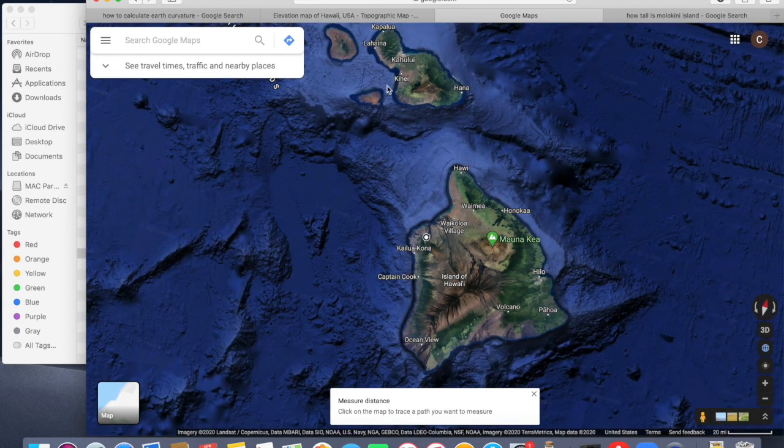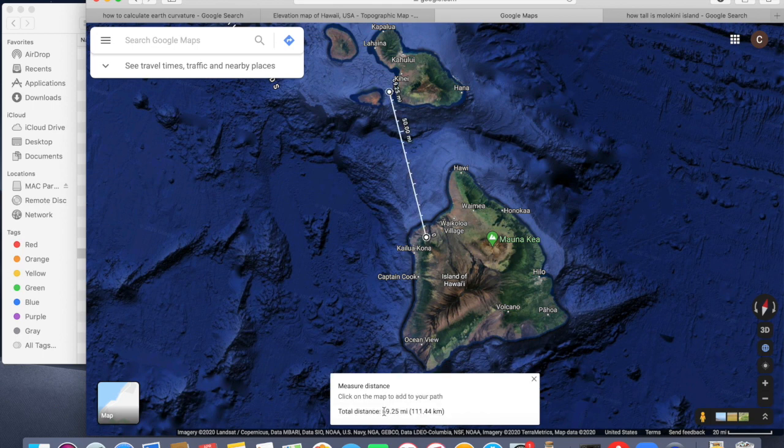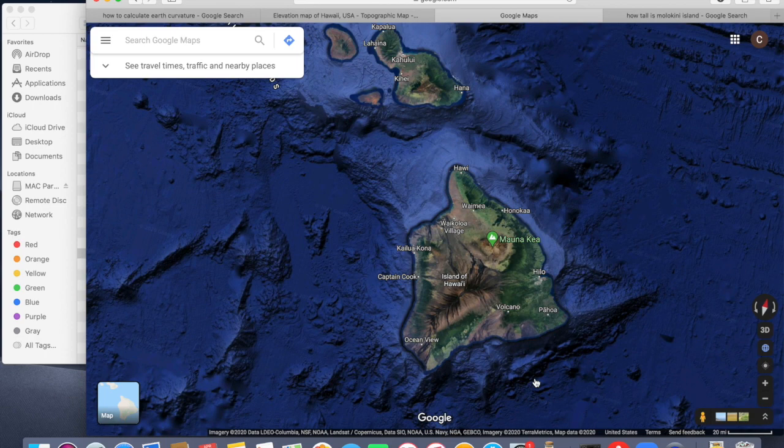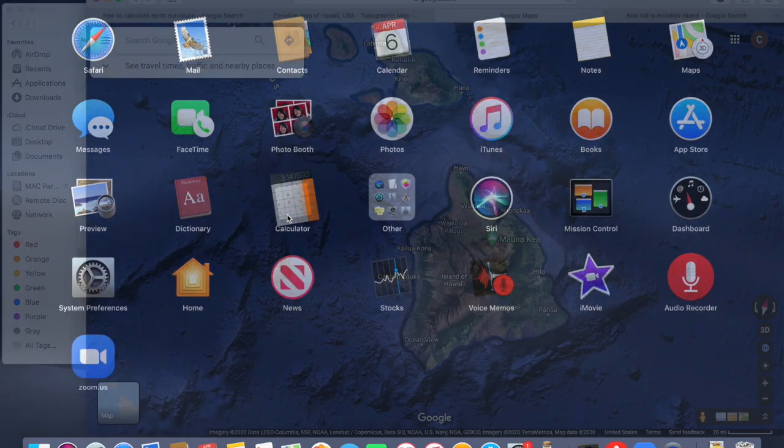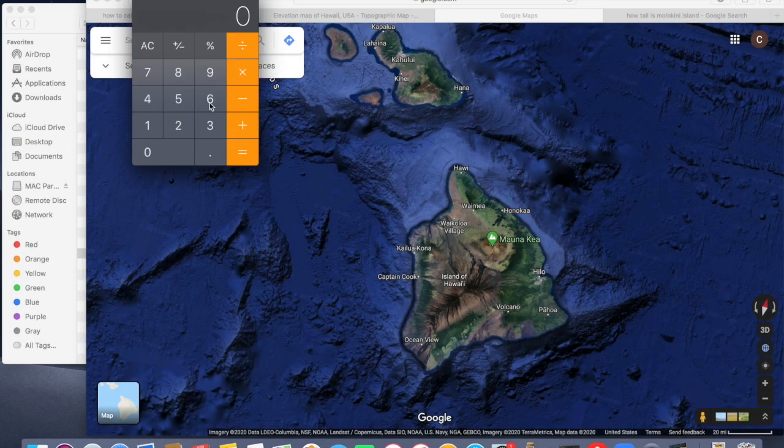Okay, right there, Molokini. 69 miles. 69. Well, we got a beach we call 69 here on the Big Island. It's a nice little friendly spot. 69 times 69, squaring 69 miles of distance.